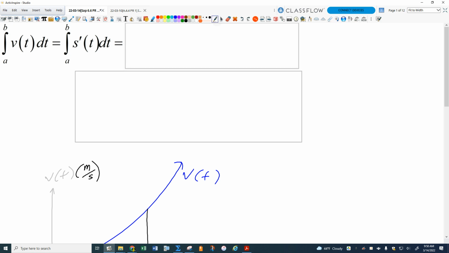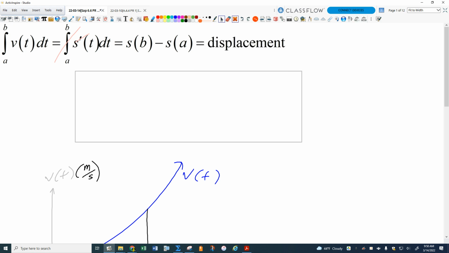So we're just canceling the derivative and the integral, and what's that leave us with? Just position evaluated from A to B. So it's position at B minus position at A, which is the same darn thing as displacement, right?